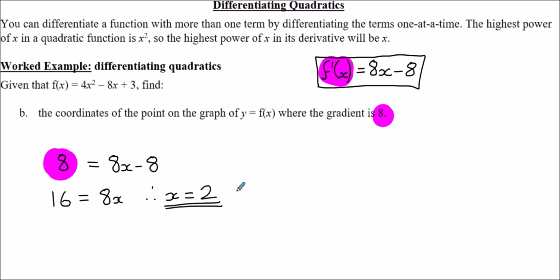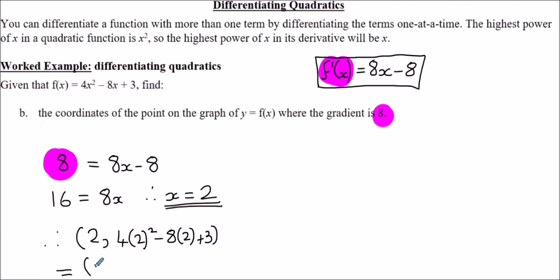But of course we don't want just the x coordinate, we want the coordinates. So therefore, the coordinates are going to be 2, then comma, 4 lots of 2 squared, minus 8 lots of 2, plus 3.